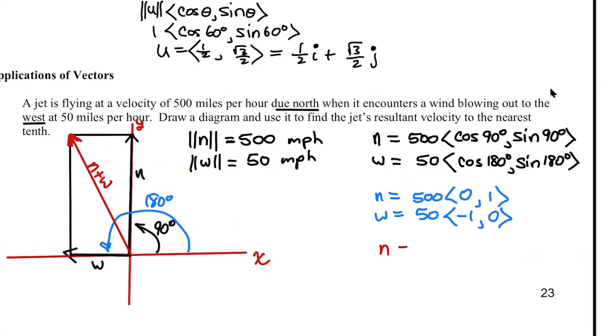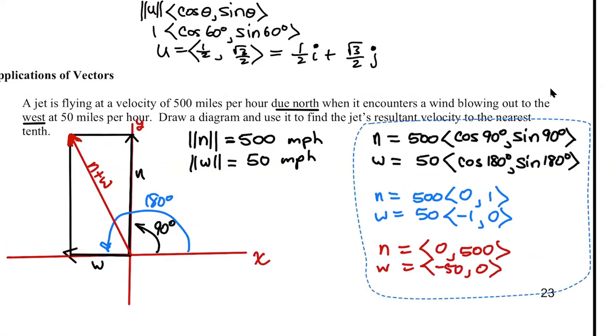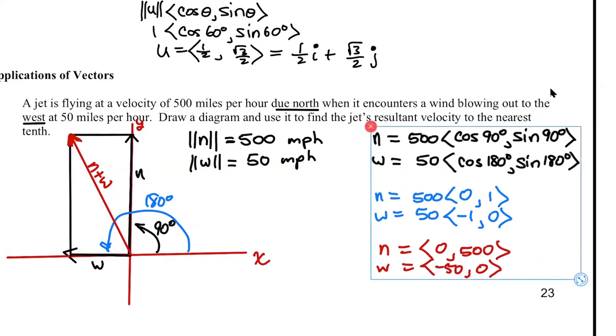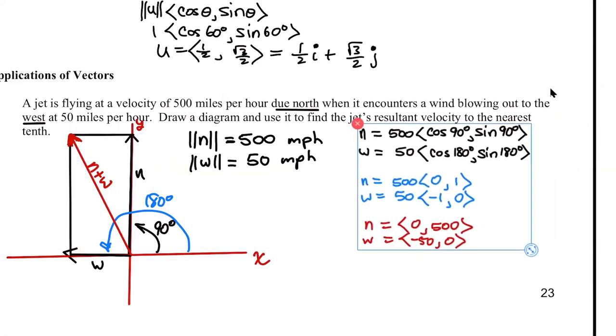So N would be equal to, if I distribute it through, 0, 500. W would be equal to negative 50, 0. All right, so if I want the vector sum, I'm just going to add these two things together by components.